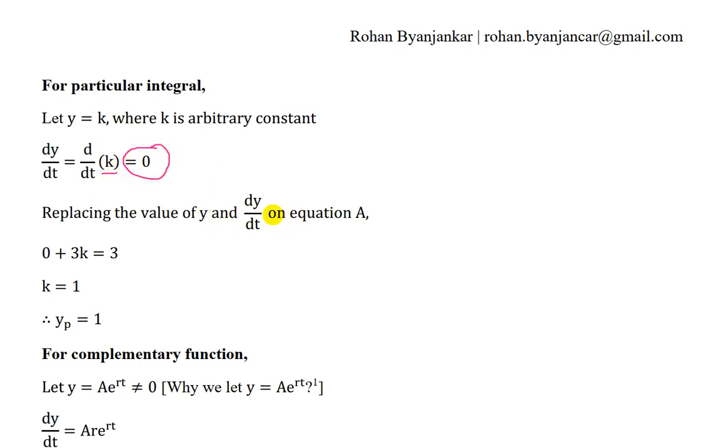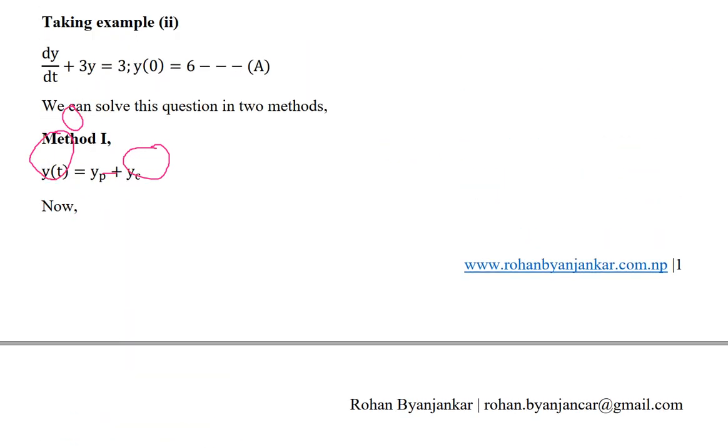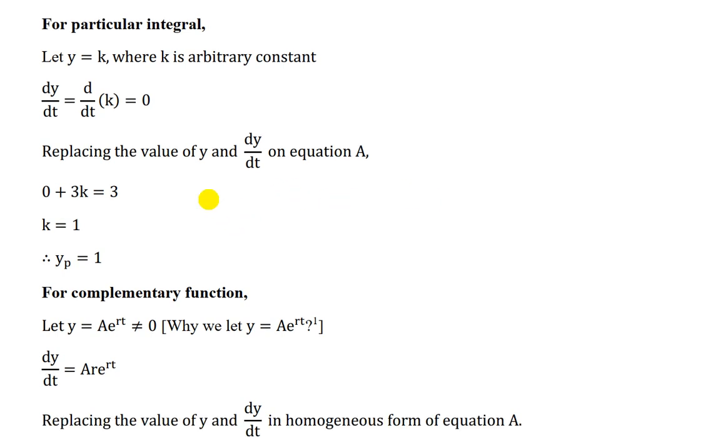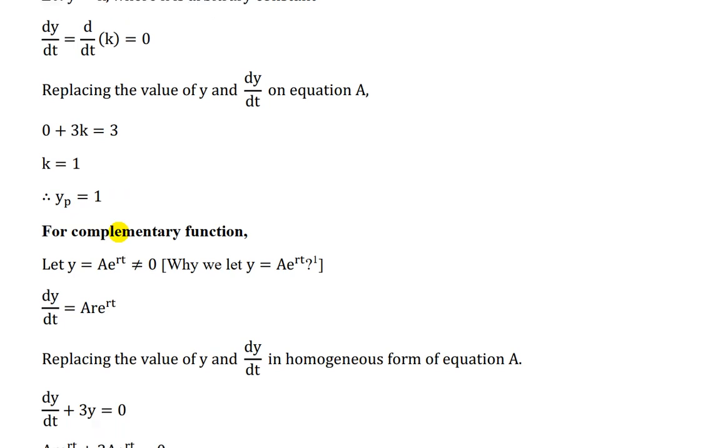When we replace the value of y and dy by dt in our equation, we get the value of yp as 1.